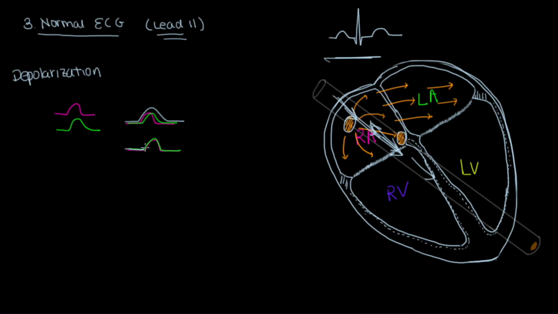So it would actually look much more peaked. Or, for example, if instead of the right atrium being a little bit abnormal, the left atrium is abnormal in terms of its conduction, then you'd have the right atrium depolarizing normally where it's supposed to, and then the left atrium would take a little bit longer. And in that case, you may end up with something that looks a bit notched.